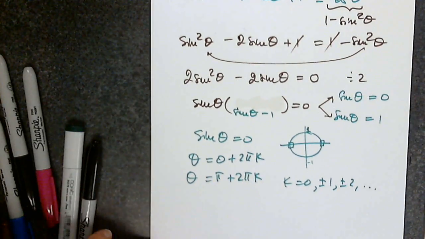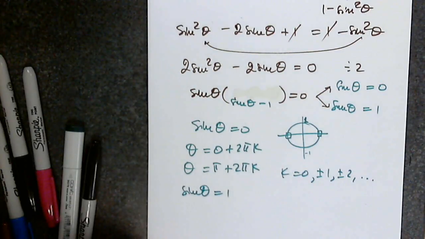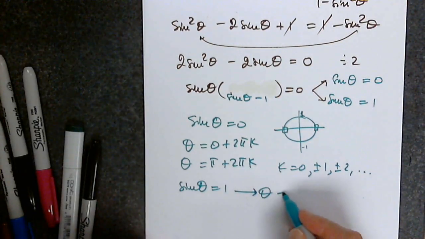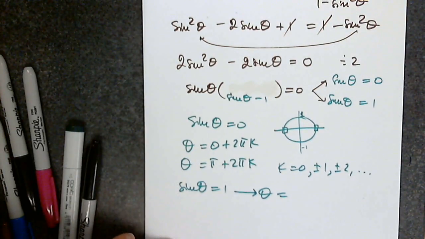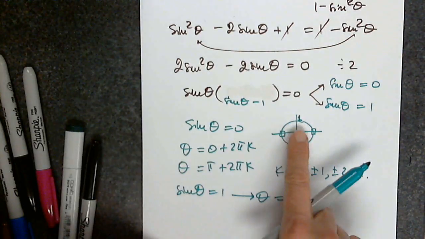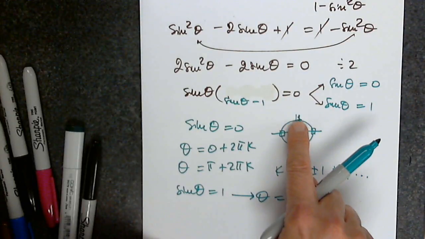And finally, we have to solve the equation sine theta equals 1, which has only one option. Sine is measured on the y-axis, and it's 1 only here.